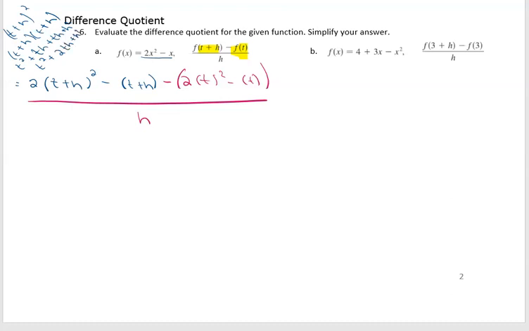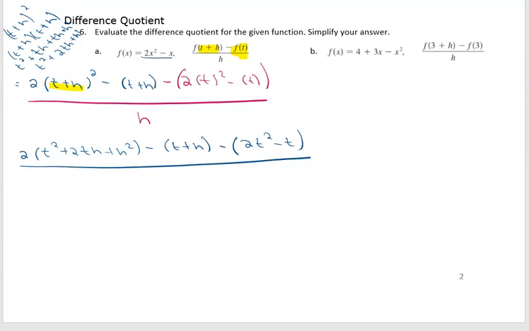So let's put all of that in right here where we have our t plus h because we simplified that piece. So that's going to give us 2 times t squared plus 2th plus h squared minus, don't forget that t plus h right there, and then minus 2t squared minus t. And this is all still over h.